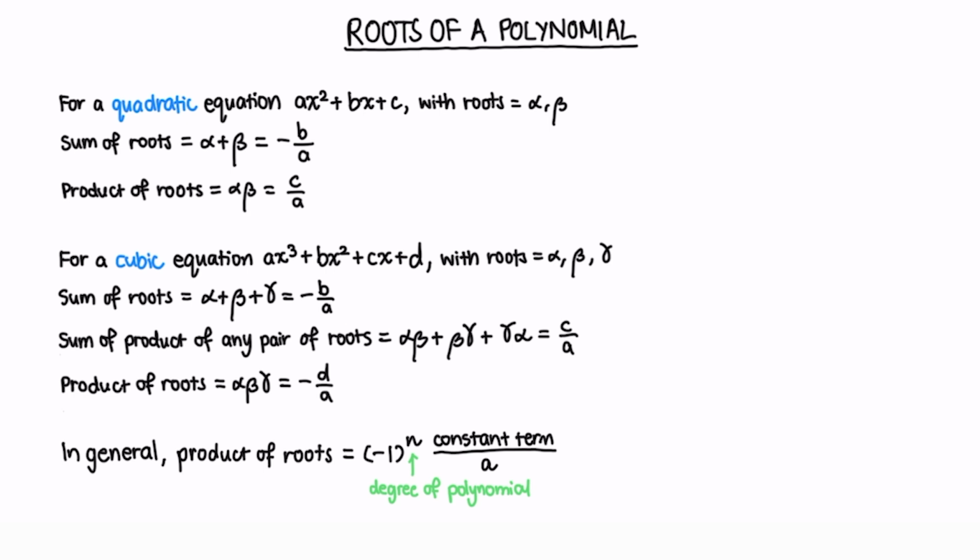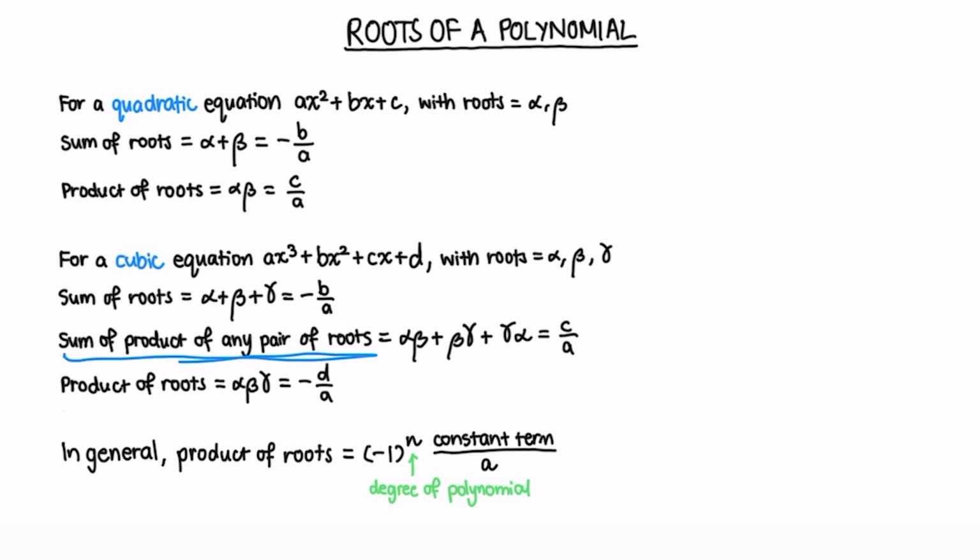Similarly, for a cubic equation, ax cubed plus bx squared plus cx plus d, with roots alpha, beta, and gamma, the sum of roots, or alpha plus beta plus gamma, is just negative b over a. And next, the sum of the product of any pair of roots, alpha beta plus beta gamma plus gamma alpha, is equal to c over a.